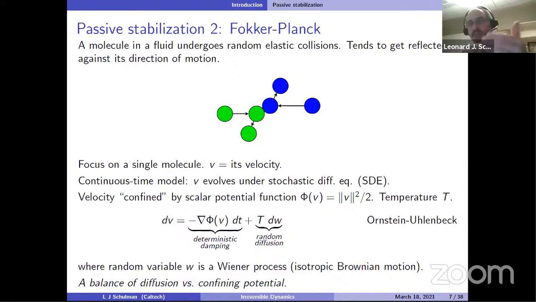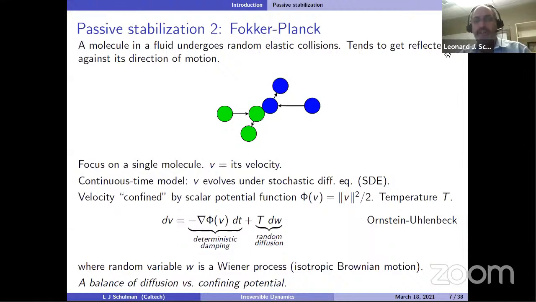If you're running really fast through a crowd, your next collision is likely to be on your nose and not from behind, because you're going fast. All right. So the fluid around you, or the crowd around you, tends to confine your velocity, because the collisions will go against it.